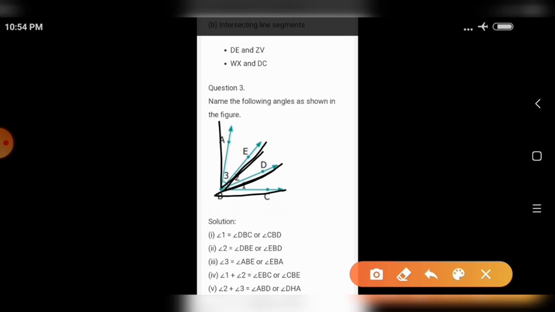Angle 1 plus 2: angle CBE, CBE or EBC. And then next one additionally 2 and 3: this is DBA or ABD.